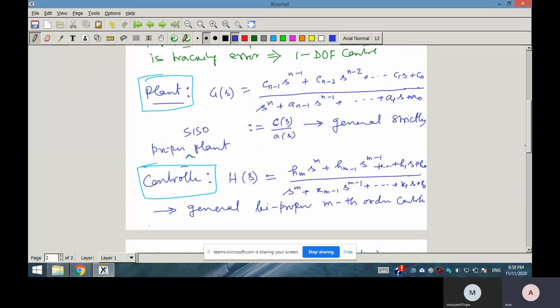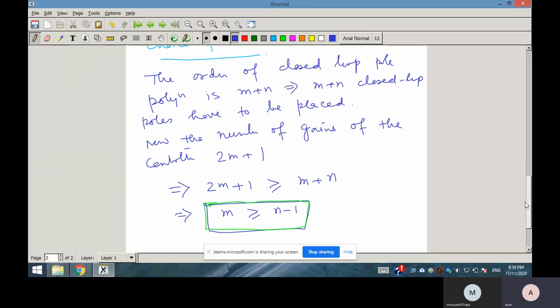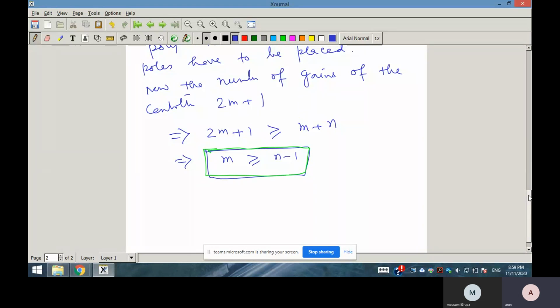This can be extended to single input multi output also, that you will be seeing in your control system design course. I will take some practical examples there which are single input multiple output ones, where you use the same approach. Here I do not want to extend all those things unnecessarily.